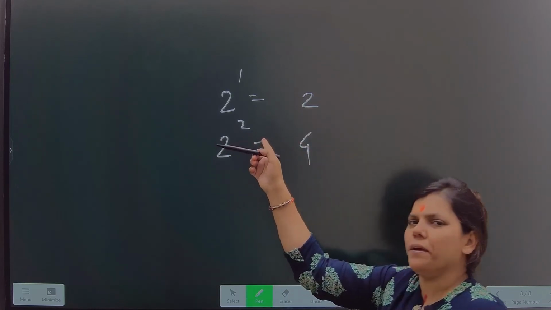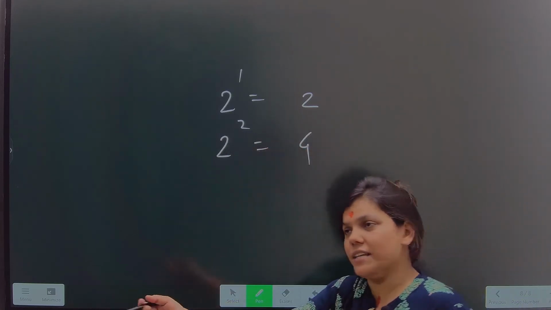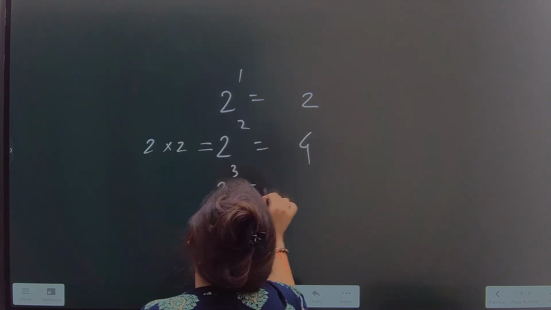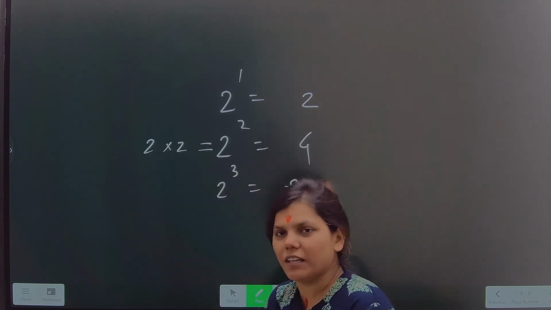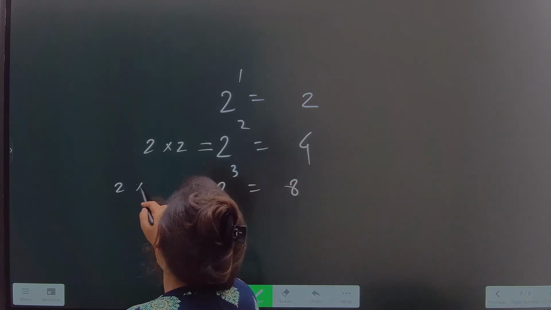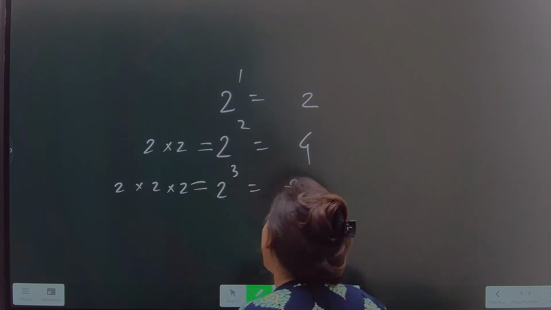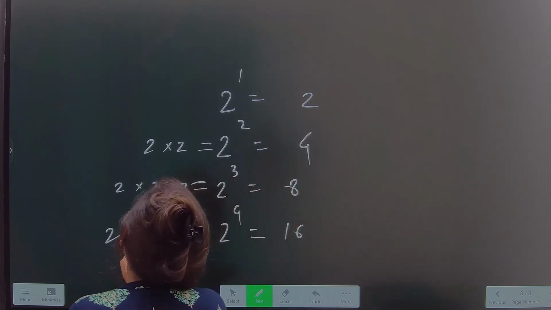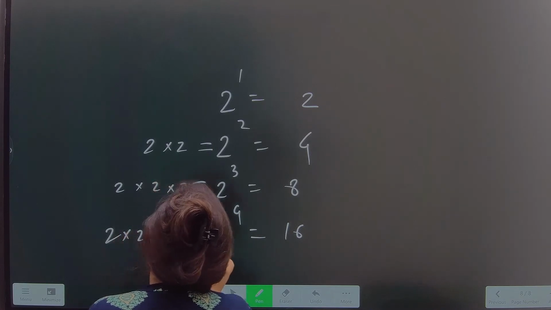Raised to power 2 means the number multiplied twice, 2 into 2. 2 to the power 3 is 8. What is 2 to the power 3? 2 multiplied thrice, 2 into 2 into 2. 2 to the power 4 is 16, that is 2 multiplied 4 times.